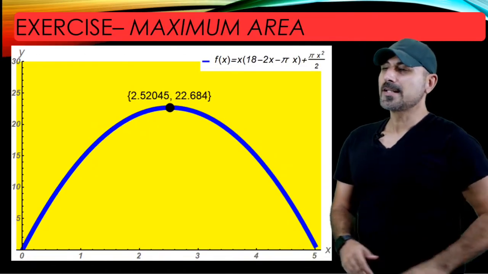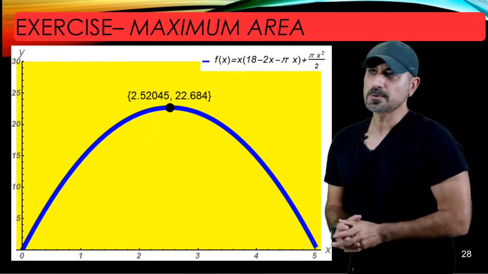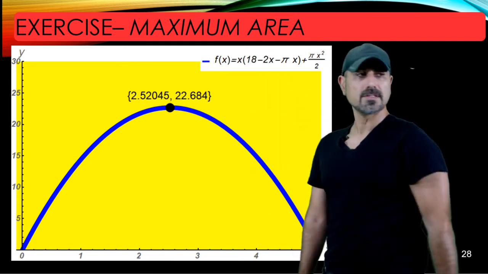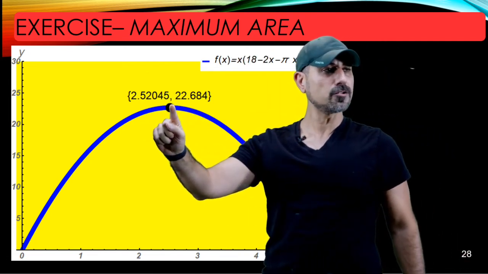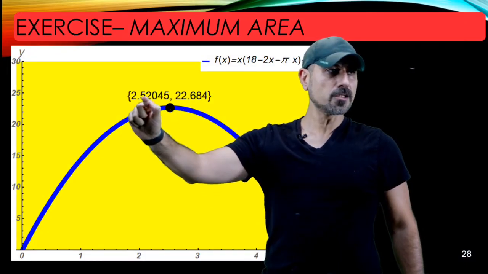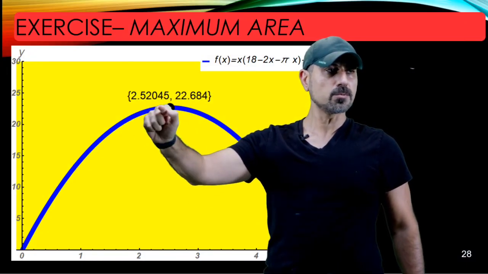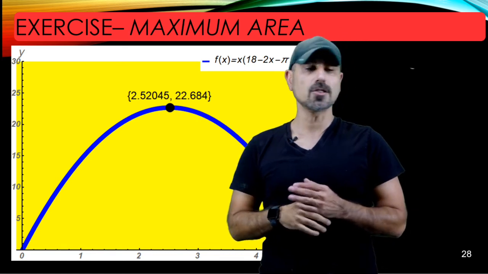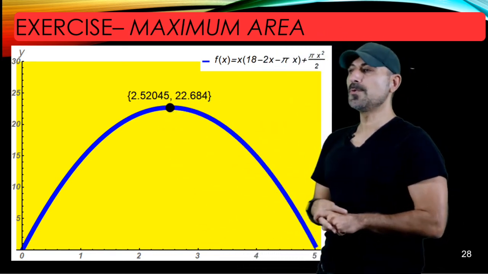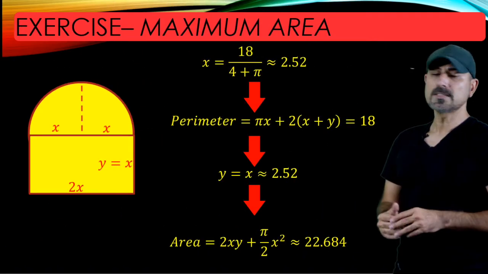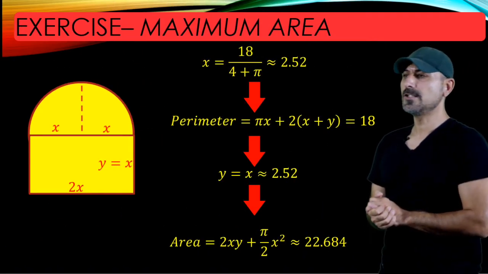All right, here is the graphical outlook of the function that we were trying to maximize here. And as you see, 2.52 is the point where the maximum value is achieved. And as you see, the function has a local maximum here, in other words, a flat tangent line here, and the corresponding maximum area is 22.684. Let's also try to find the y value here.